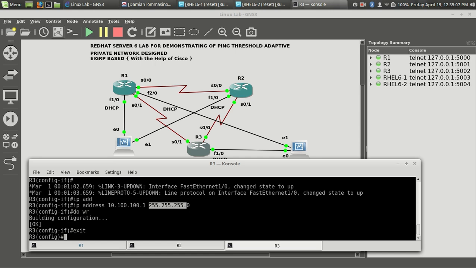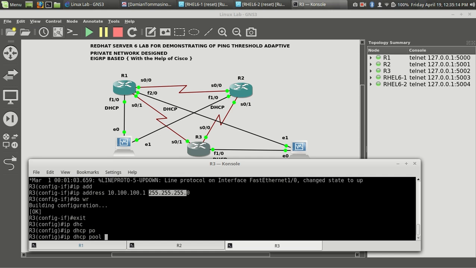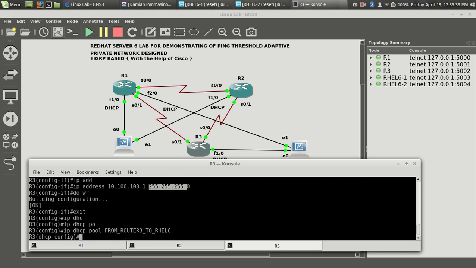So I exit from this interface. I'm configuring the DHCP server, ip dhcp pool. The pool name is what? From router 3 to server, right? Server. This is my pool name.